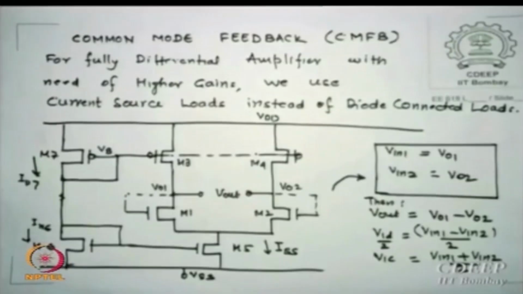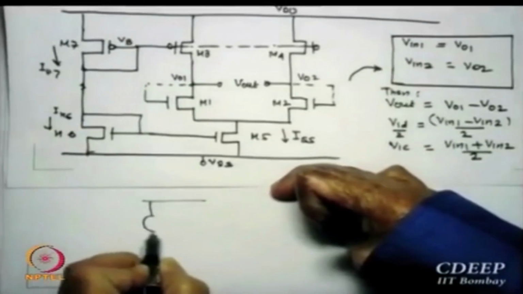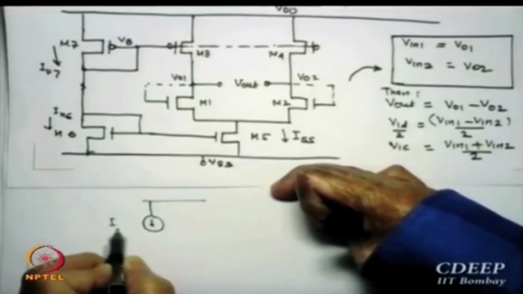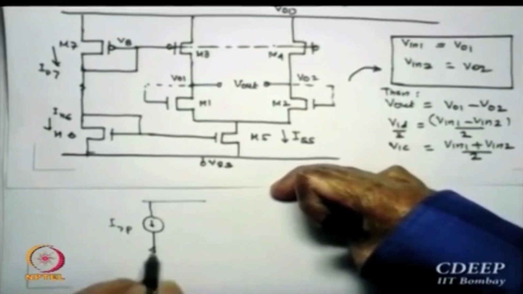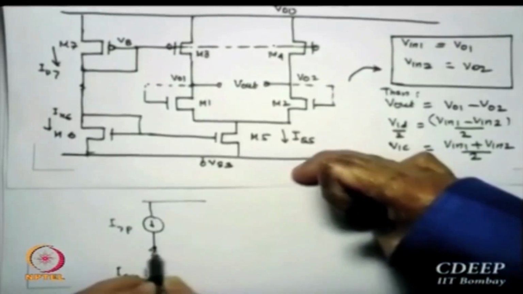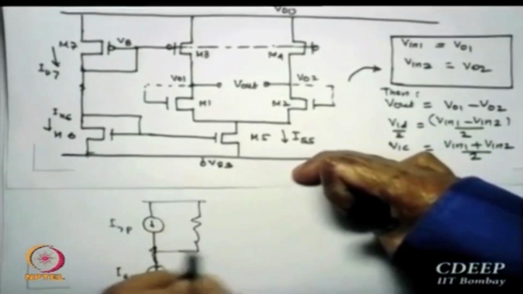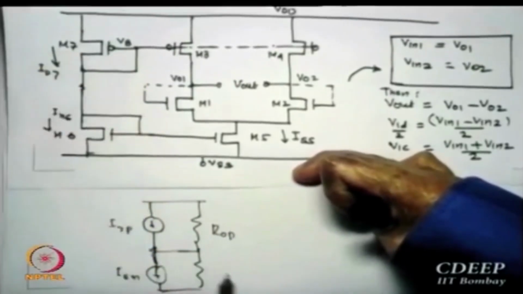Now if that happens, what are the problems we can get? I repeat, please just see the figure. This is given in Razavi's book. Equivalently, this is I7P, or maybe right now I can say this is I6N, and across them there is output resistance ROP and RON for these sources.